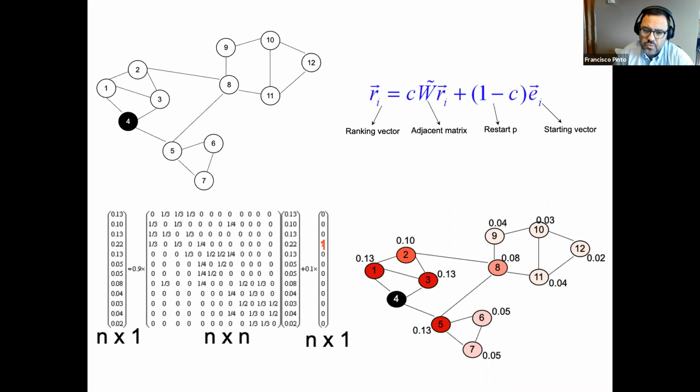And the thing is, if you do this forever, an infinite amount of time steps, and you keep recording the frequency with which each node is visited by the random walker in the long time, you reach a stationary distribution.